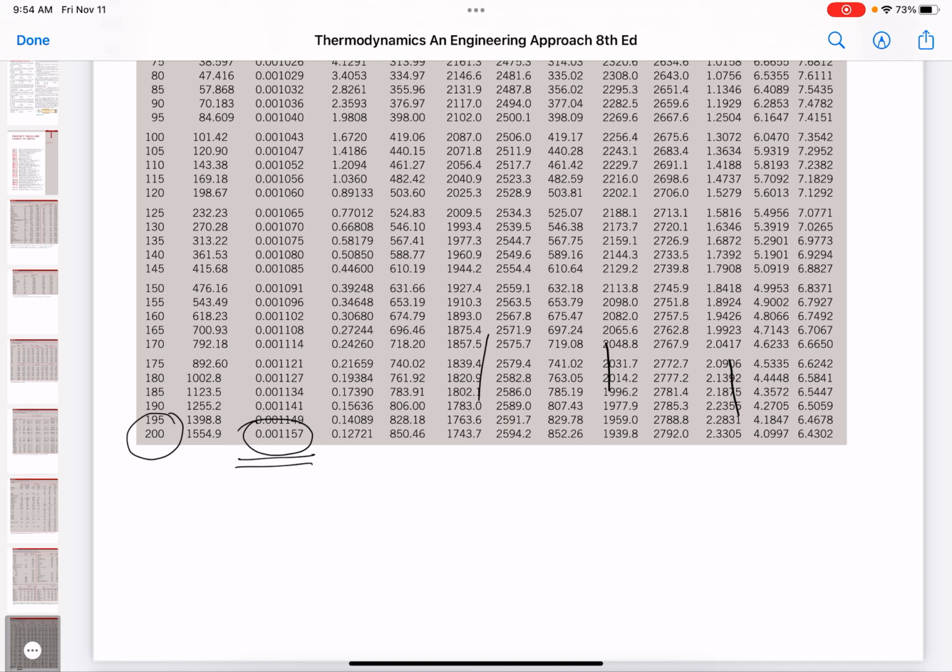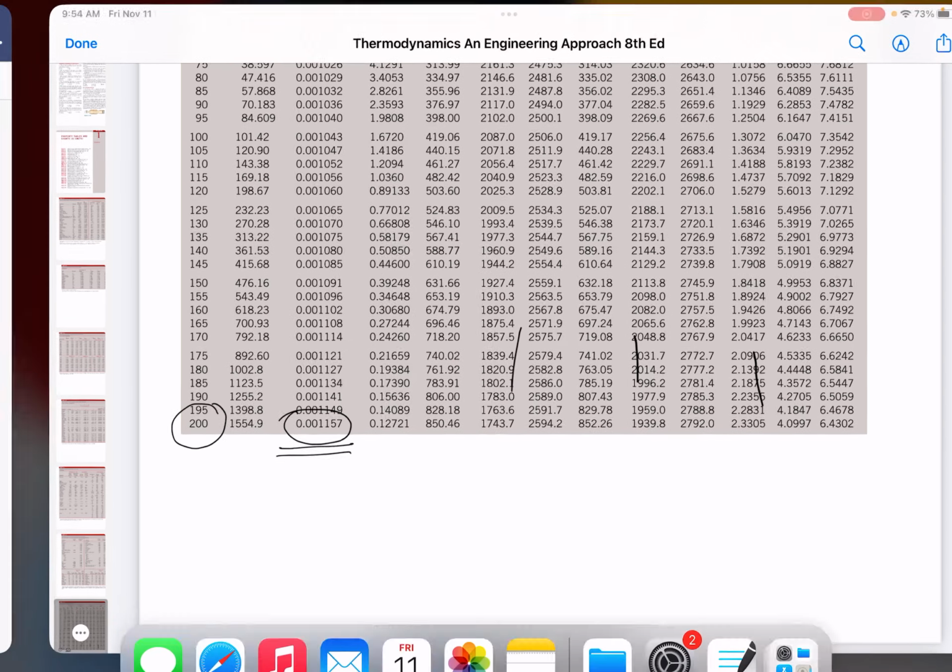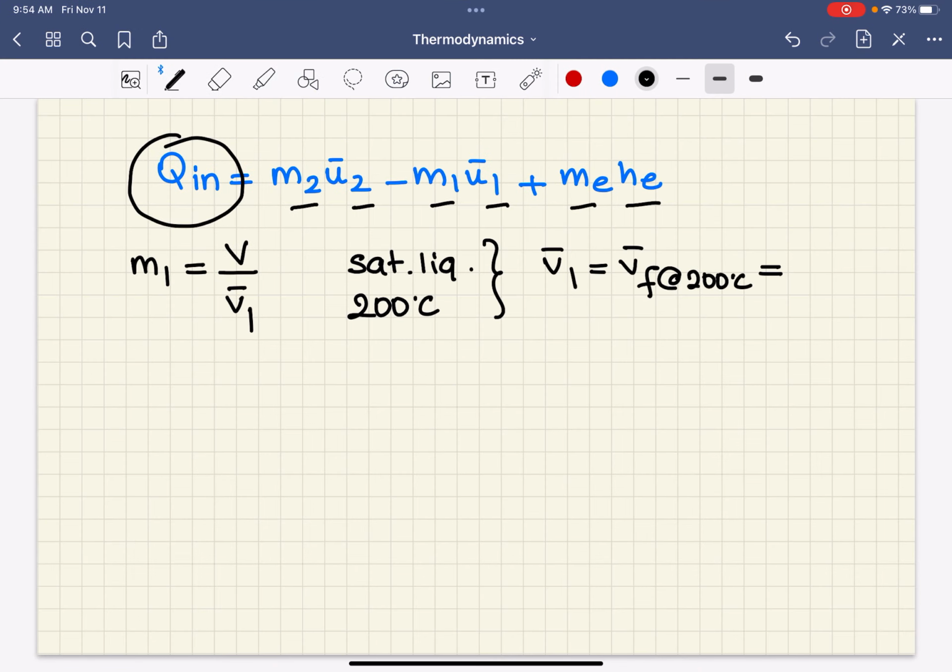And after we read that information, let's write it down. 0.001157. Okay, so if we know this, now we can calculate the mass.